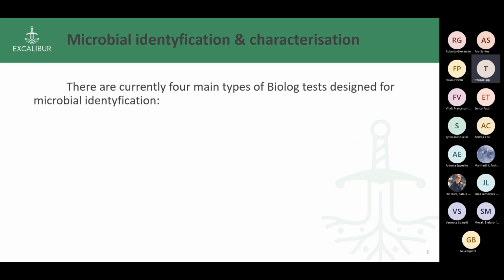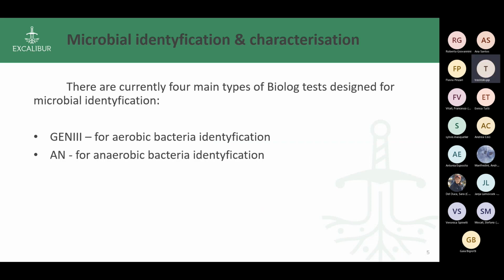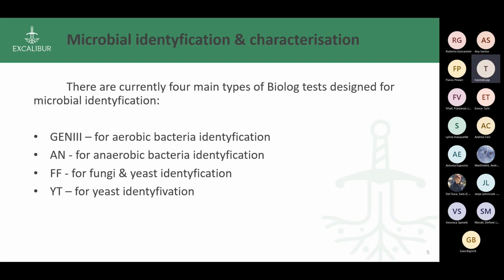There are four main BIOLOG tests designed for microbial identification. First is for aerobic bacteria, GEN III. For anaerobic bacteria it is AN. For microscopic fungi, there are FF for filamentous fungi, and for yeast identification the YT test.